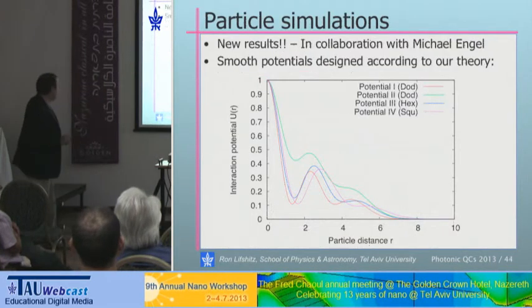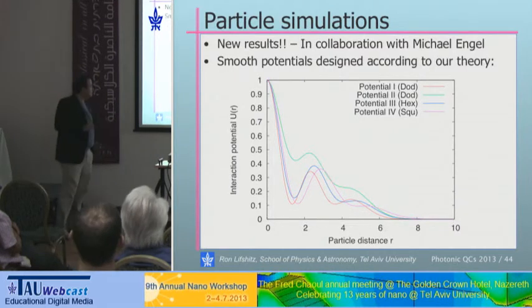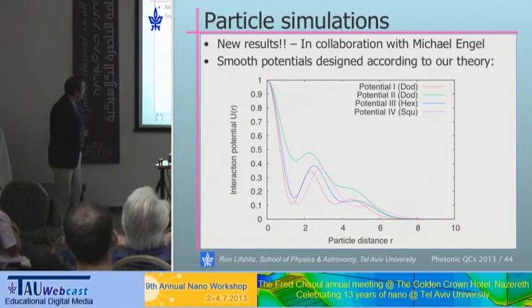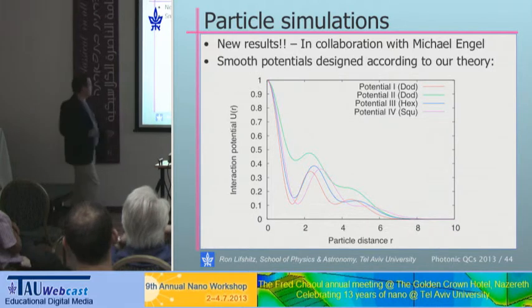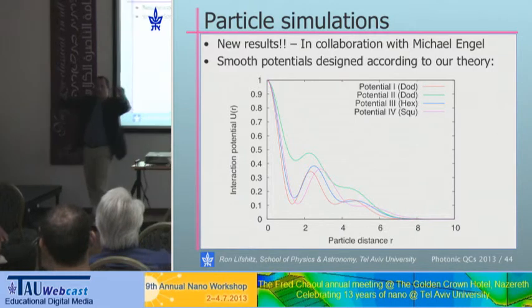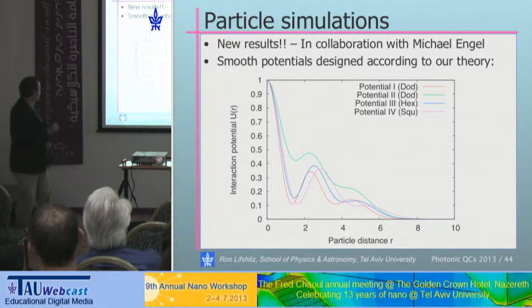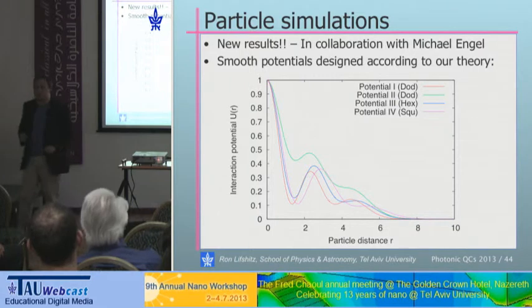And we have fairly recent, and not very new anymore, results where we can now design the pair potentials. So what you see here in 4 different colors are 4 different interaction potentials between 2 such particles. This basically tells us the energy between the particles as a function of the distance between each other.